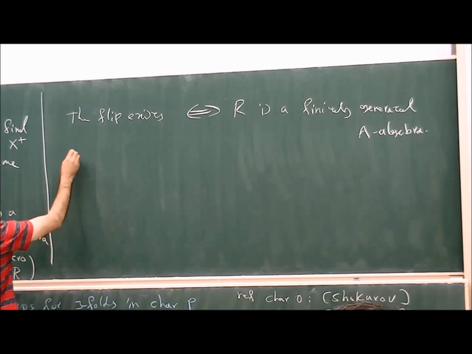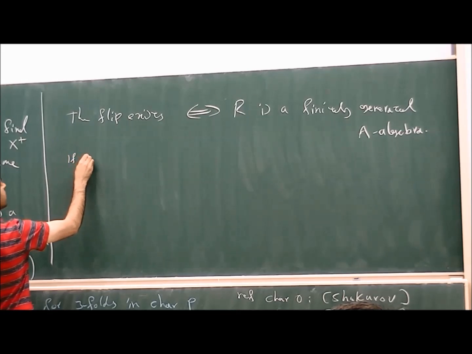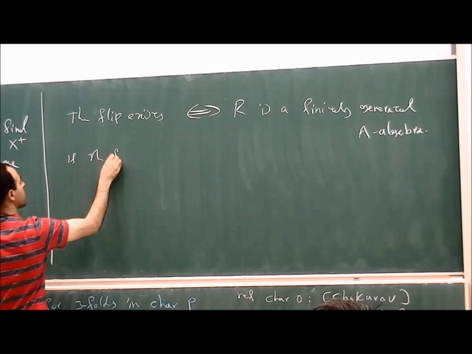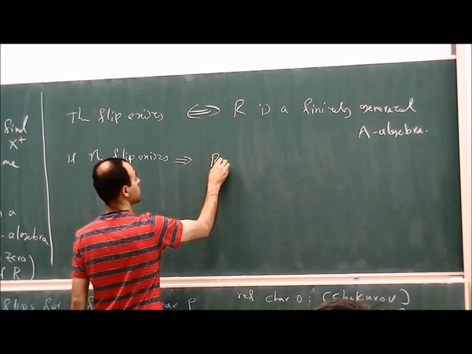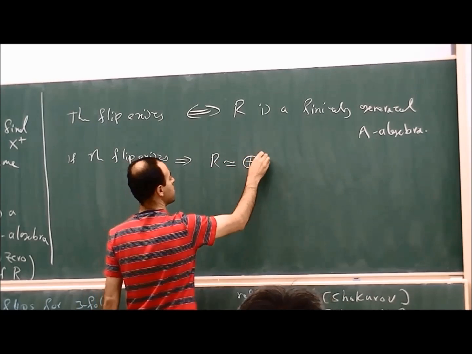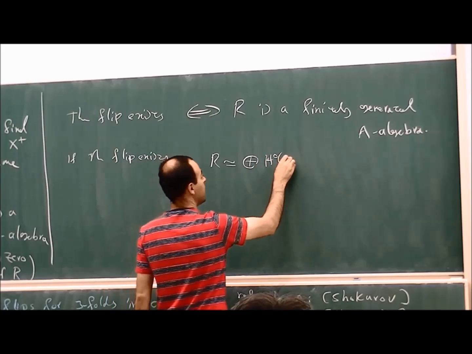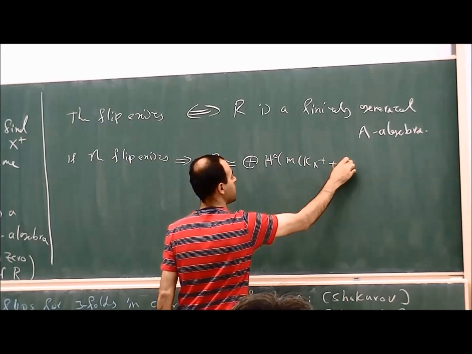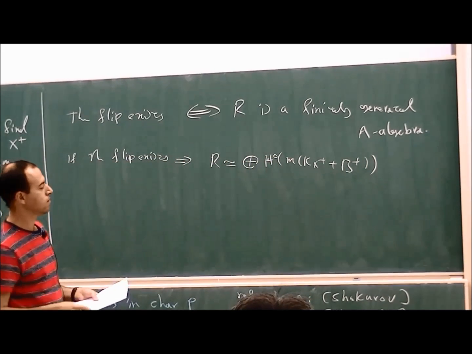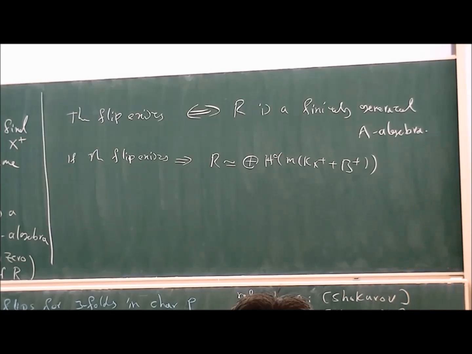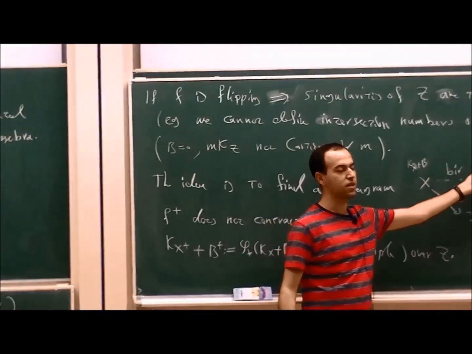So maybe I'll just explain a little bit. If the flip exists, then in fact R is also the same as, and just write it as H0 of n times (K_X+ plus B+). In other words, you can calculate this ring on the other side. And the reason for this is because you don't contract any divisor here, you don't contract any divisor there. And the sections here are just rational functions, and so they just transfer from here to there, essentially for free.